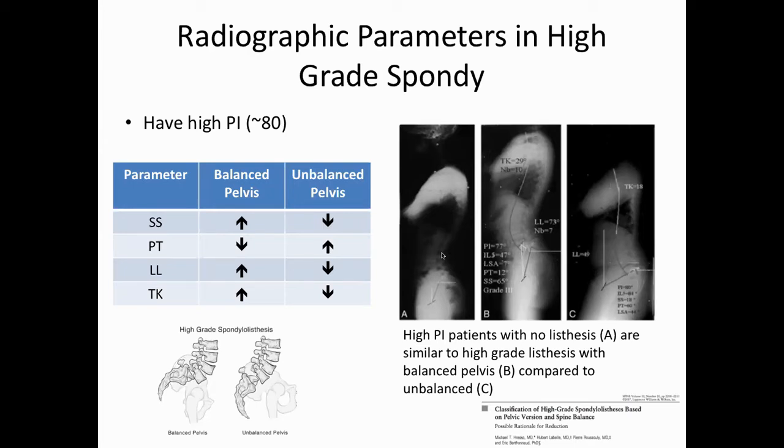If the pelvic tilt has not been increased, if the pelvis is not retroverted, and the lumbosacral junction is in good harmony, you can fuse these people in situ. But if it's an unbalanced pelvis with an exaggerated pelvic tilt, secondary to a retroverted pelvis, then you have to create more lumbar lordosis and try to reduce that L5 over S1 and then fix them.